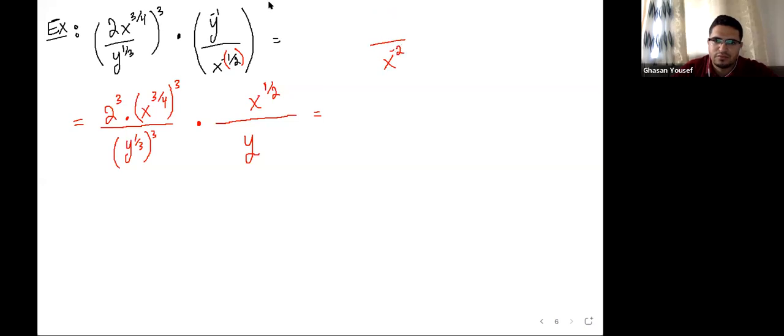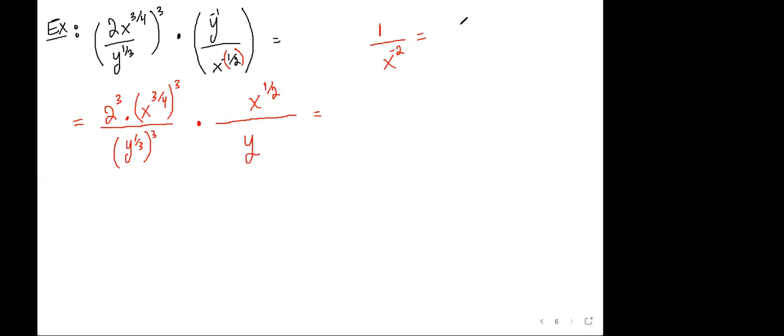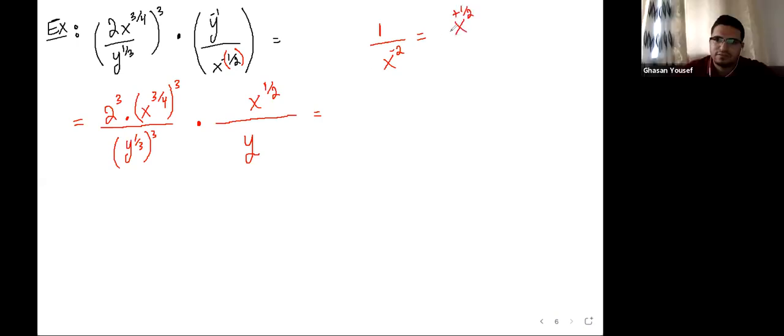For example, this 1 over x to the power minus 2. When we move this one up, I cannot say this becomes x to the power 1/2 positive. This is not correct, not equal. But the equal for this one is x to the power, just I have to remove the minus sign of the exponent too.